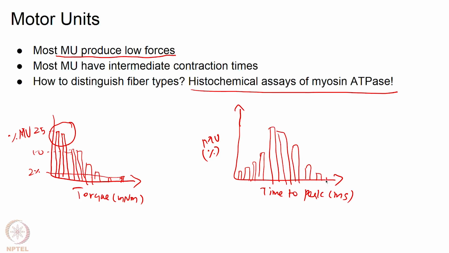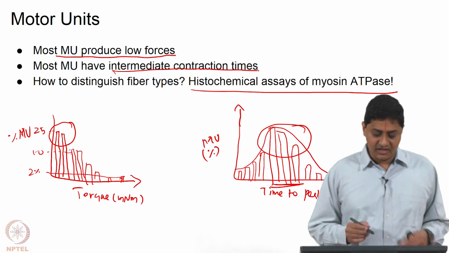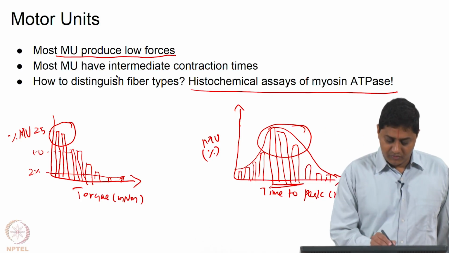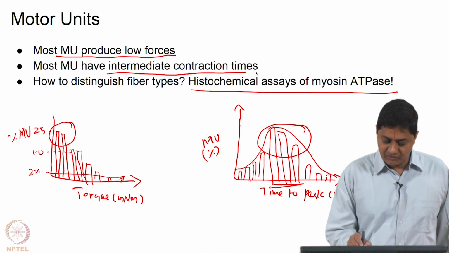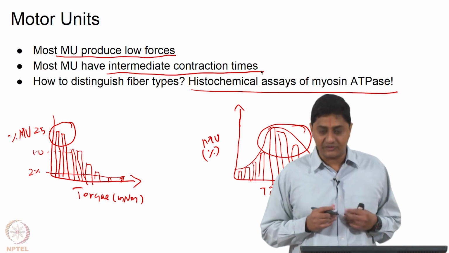This is approximately a normal curve. Most motor units are located here and they have intermediate contraction times. So, most motor units produce low forces and they have intermediate contraction times.